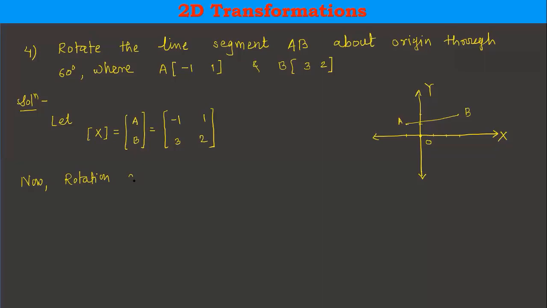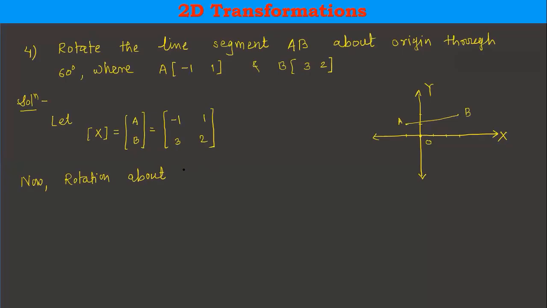Rotation about origin. About origin is a very important phrase, because we can take the rotation about some arbitrary point also. So about origin through 60 degree. Now, we know the rotation transformation matrix.